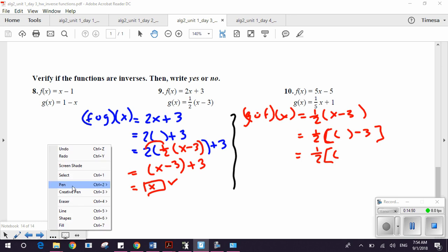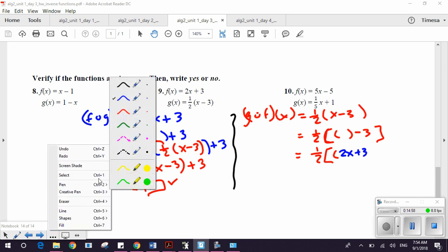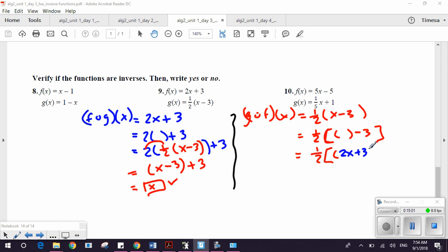So I'm going to insert 2x plus 3. Bring down the minus 3 and the square bracket. So now we start in the brackets and work our way out like order of operations. So inside the bracket, I have 2x plus 3 minus 3. So the plus 3 and the minus 3 will cancel each other out. So I'm left with just 2x.